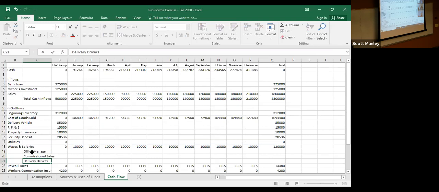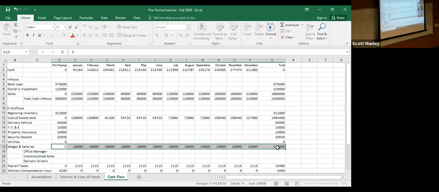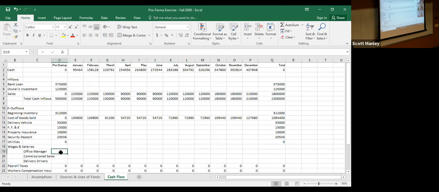If that makes it easier for you, do it that way if you have people that you treat differently. And what do we know? For wages and salaries, I'm going to have absolutely nothing in that row, okay? But for office manager, for all of them, I'm going to assume nothing happens before we start, but that's just a rather simplistic assumption.